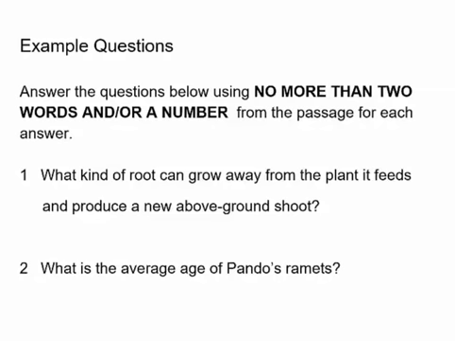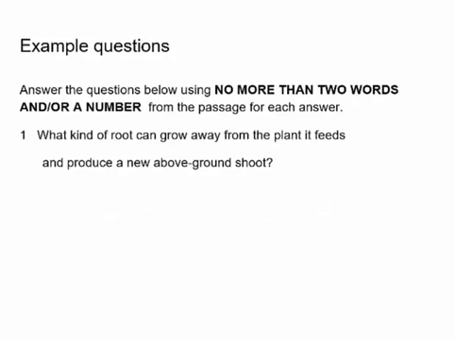All right, let's take a look at some answers for these two. Let's start with number 1. What kind of root can grow away from the plant it feeds and produce a new above ground shoot? Okay, a nice long sentence here. Now, we talked in the strategy section at the beginning, the keys for success on this question type. One of them is to make sure you're finding exactly what kind of word you're supposed to look for in the text.